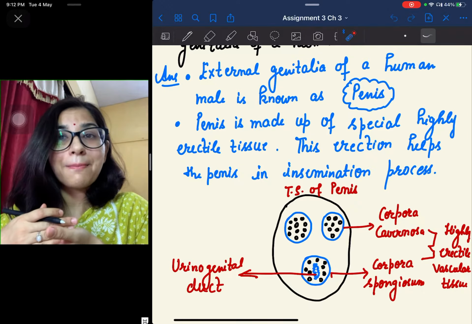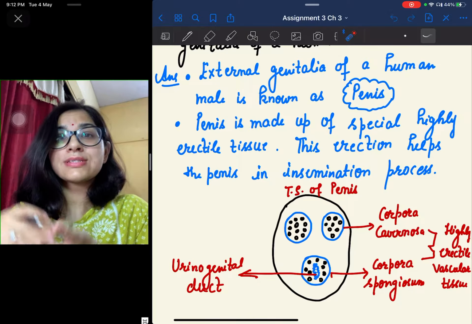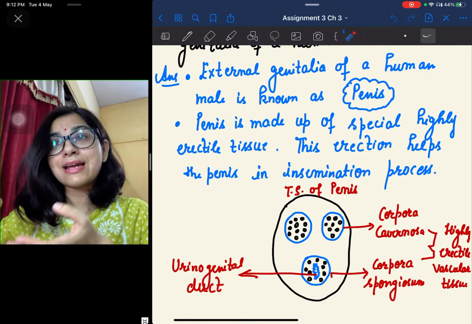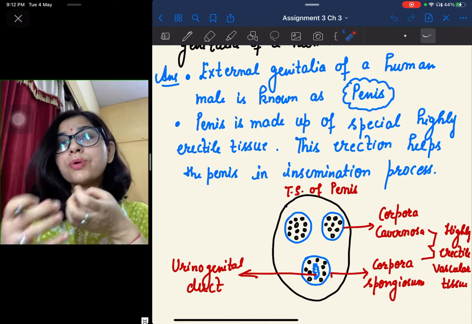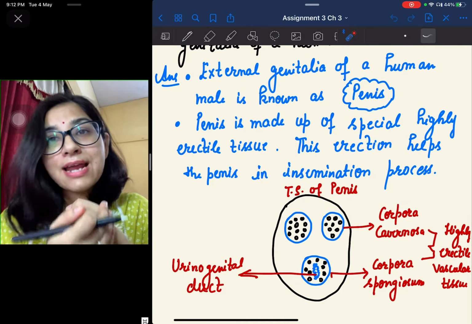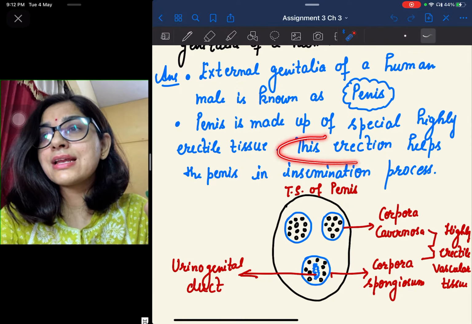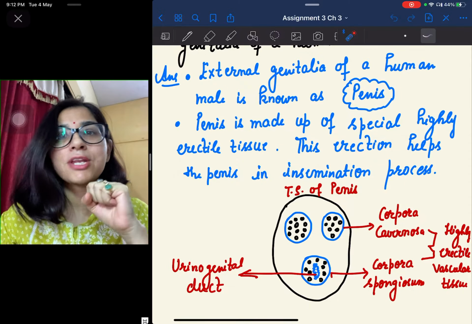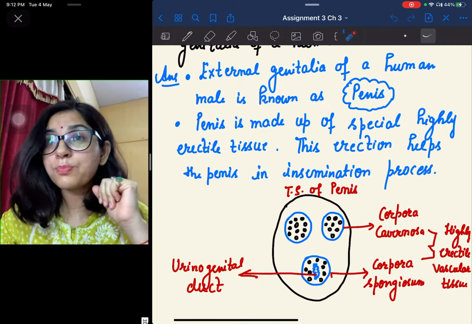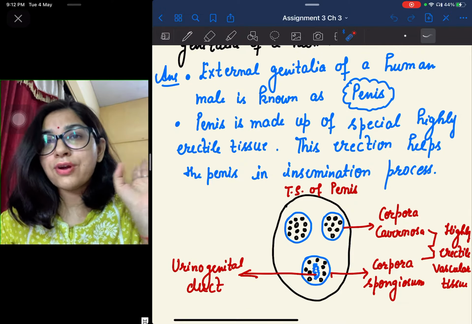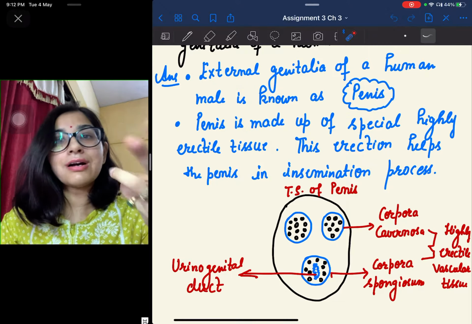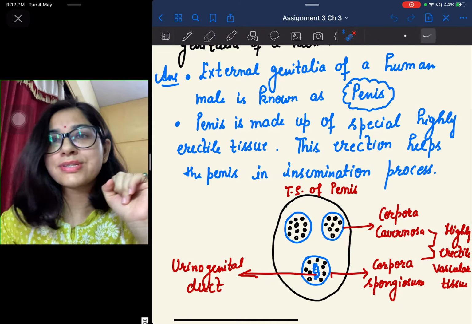The male gametes have to be deposited in the female reproductive tract, and this erectile tissue helps the penis in erection. So this erection helps the penis in the insemination process. So your third point is clear. First point, you have told the name. Second point, you have told the tissue. In the third point, you have told the use, right?